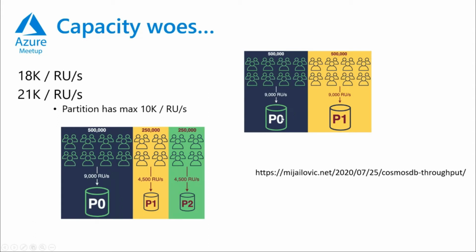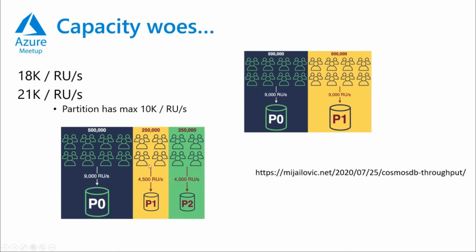You see 9,000 RUs here, you see 9,000 RUs here, but you're starting to see that you're going to hit the limits. So then you do something fairly natural. You say, okay, let's increase the number of RUs that I'm getting. And you increase that to 21,000. But the partition has a maximum of 10K RUs. So now you end up in this model.